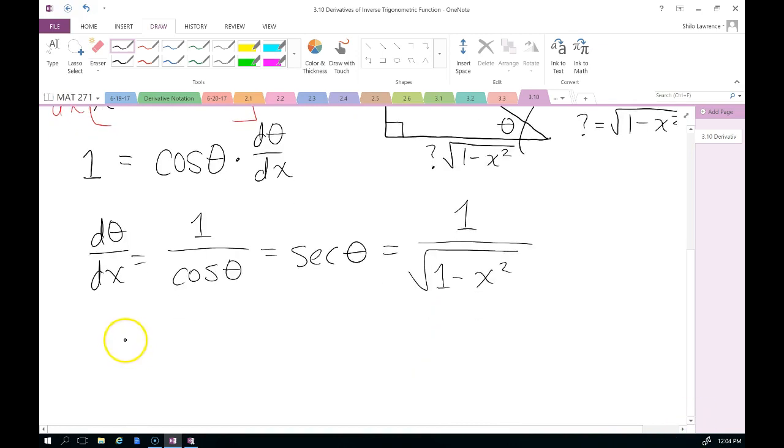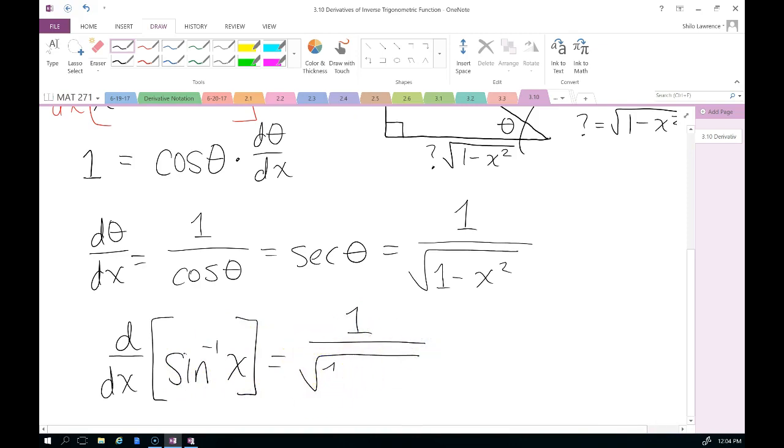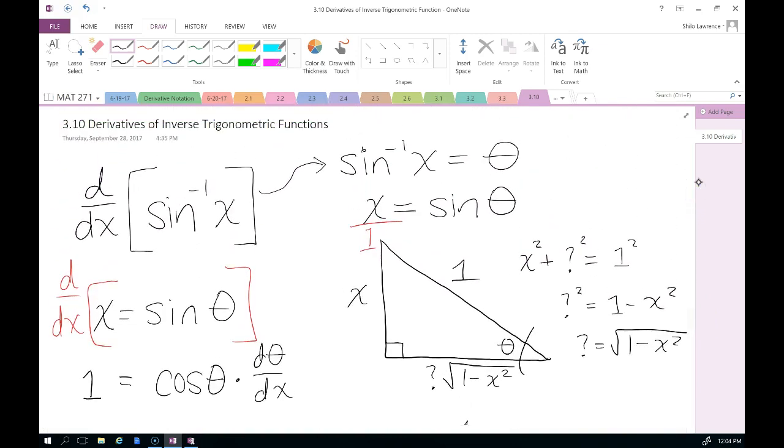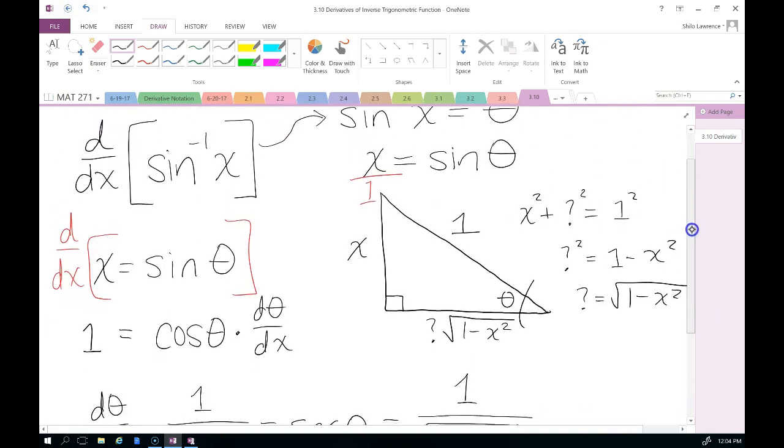So what I have just figured out is that the derivative for sine inverse of x is 1 over the square root of 1 minus x squared. We used all sorts of rules that we learned in trigonometry class.